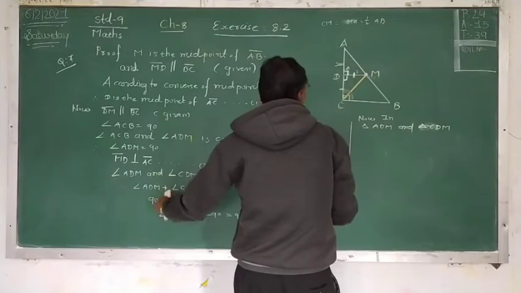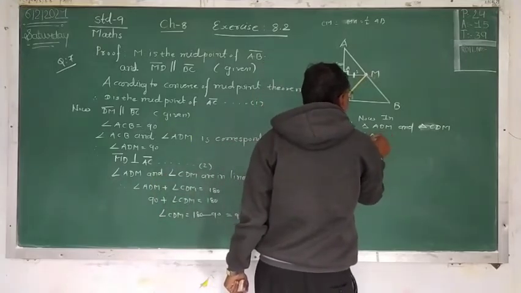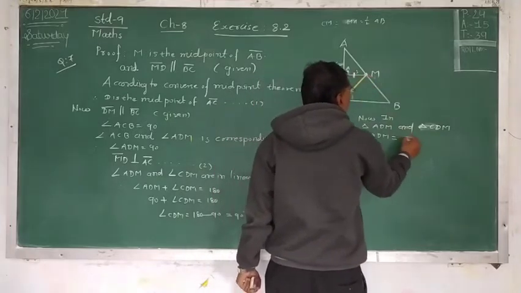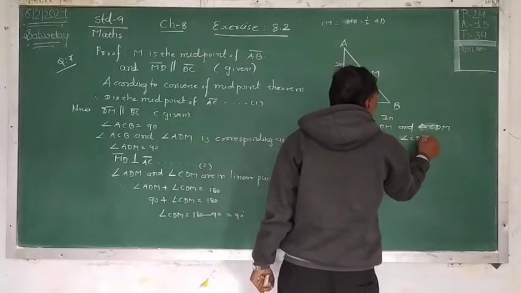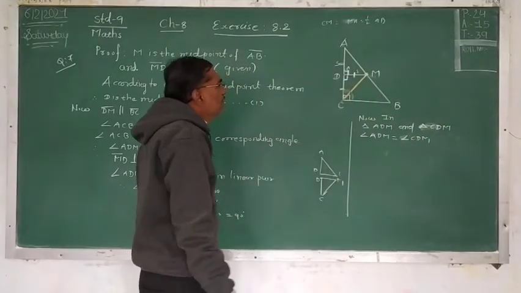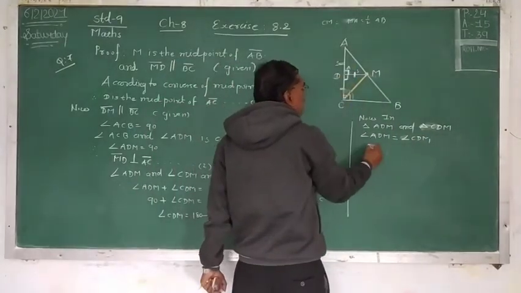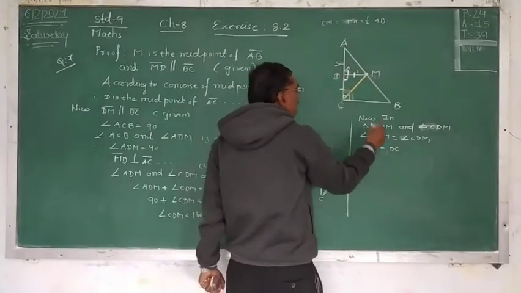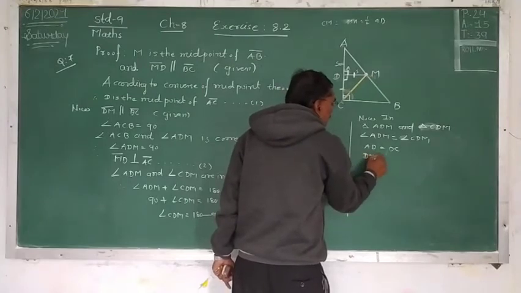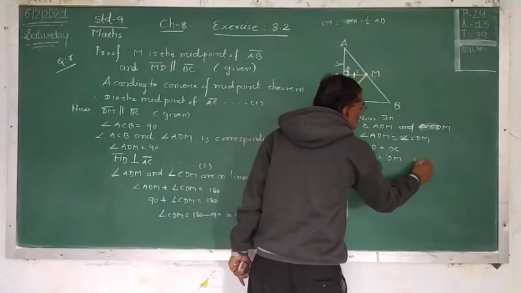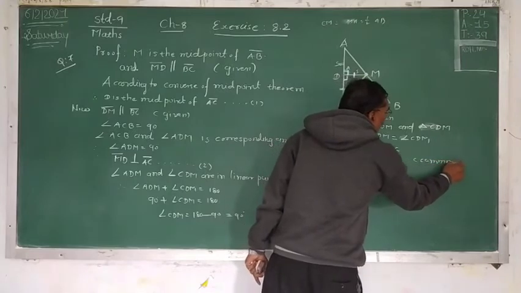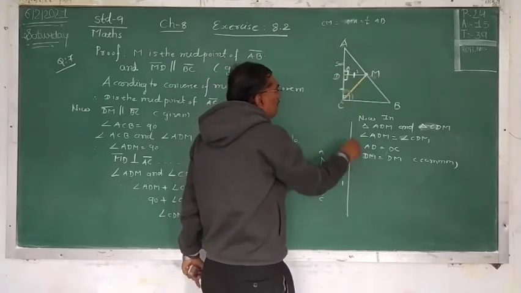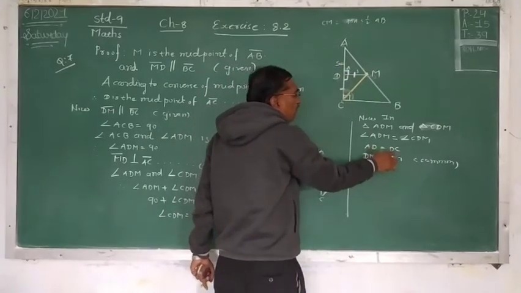But we have to write it properly. Angle ADM equal to angle CDM. First angle is equal. AD equal to DC and DM equal to DM. It is common. Okay. This right angle is given in the question. D is the midpoint, so this side and this side will be equal.